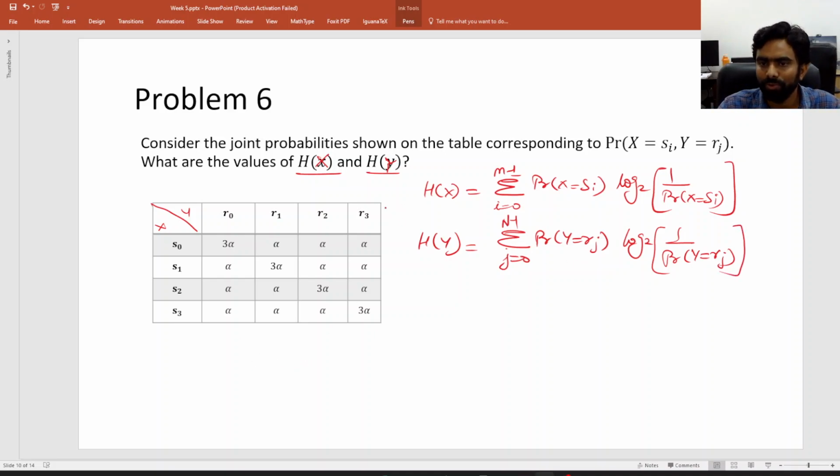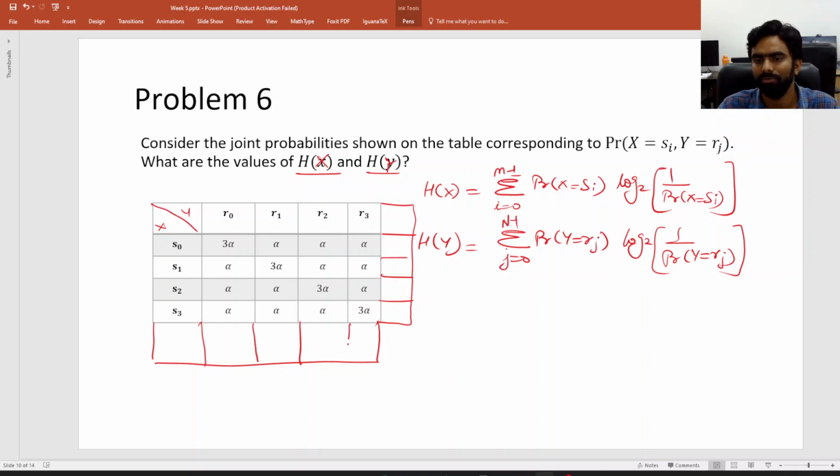So I've already told you. Now I will expand here only. We have to calculate the marginal distribution of x and y.